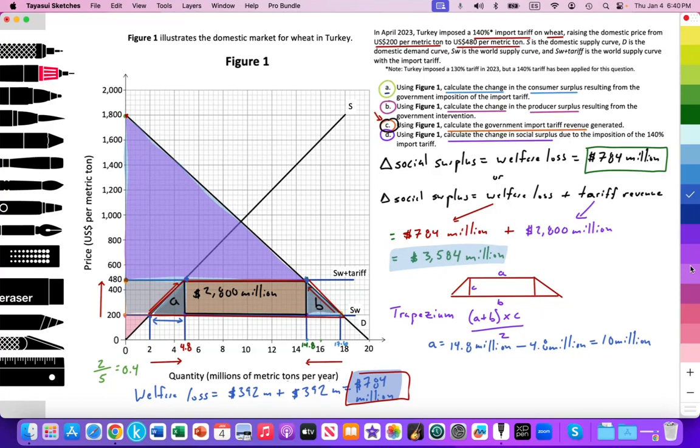Okay, what about B? B goes from this point to this point. Here we have 17.6 million to 2 million. So that's going to equal 17.6 million minus 2 million. That equals 15.6 million.